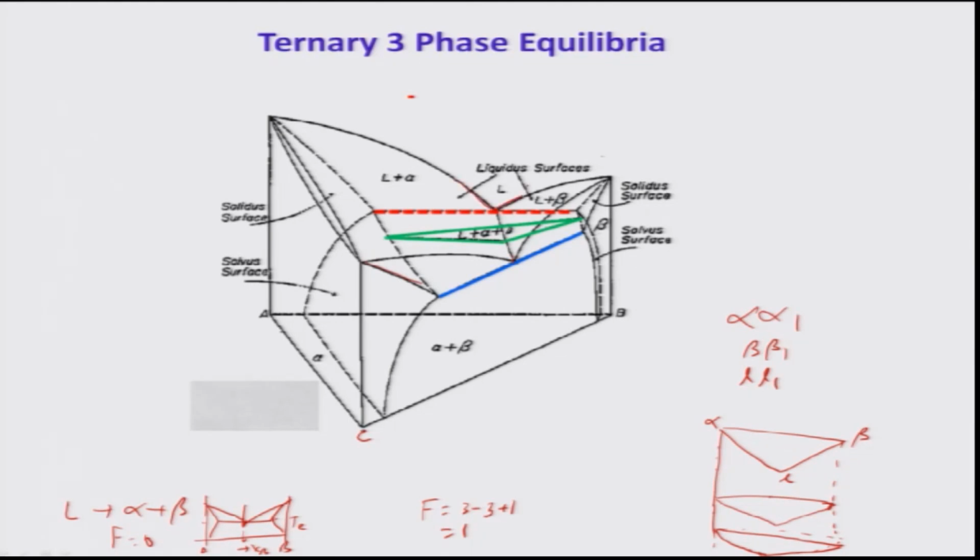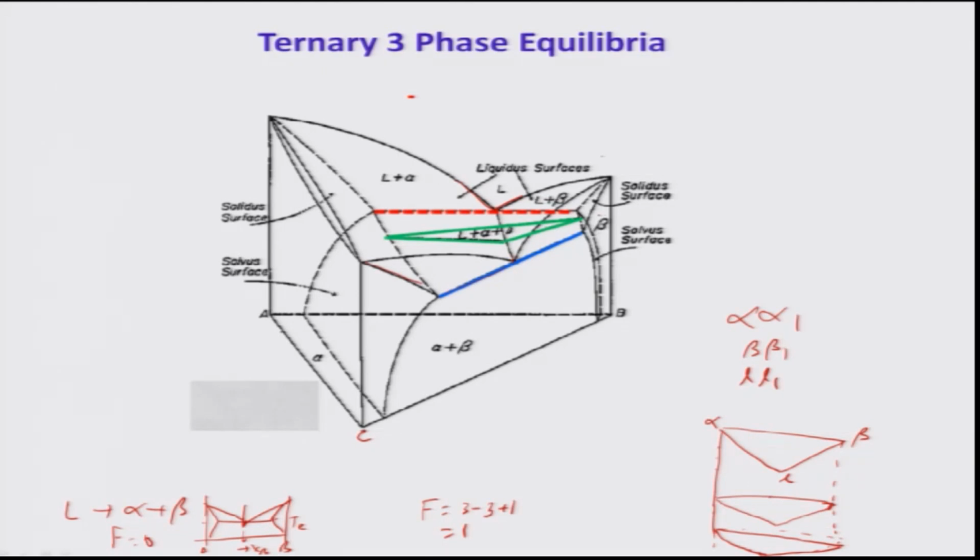On the other hand, AC has an isomorphous binary. So, in a binary eutectic system, for 3-phase equilibrium we draw a horizontal line, correct? Here also, between AC, also a horizontal line, red color.